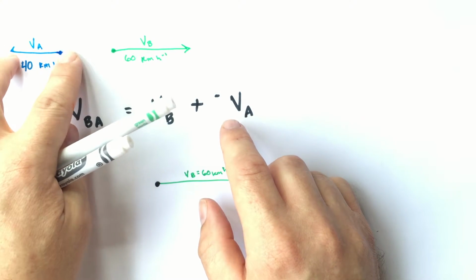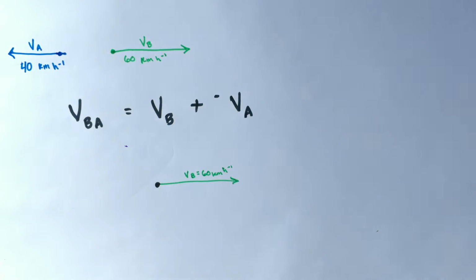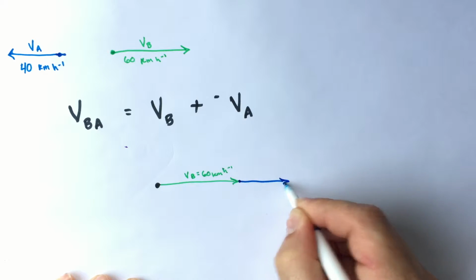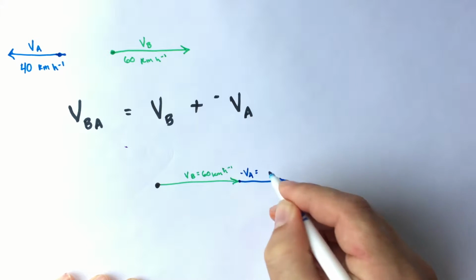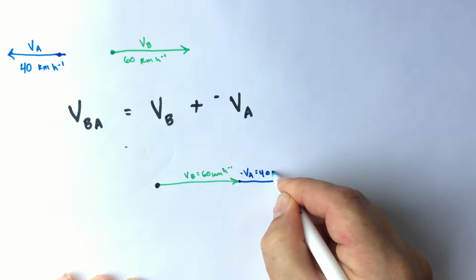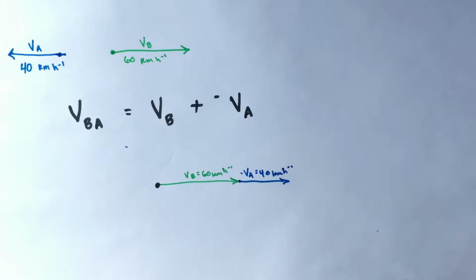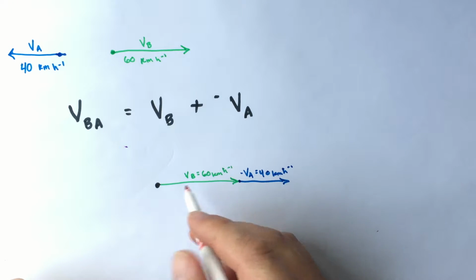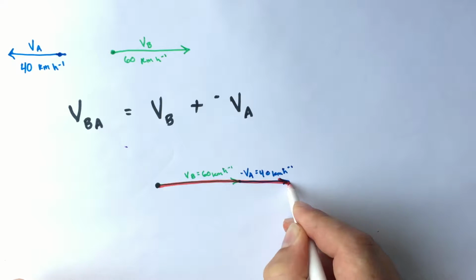So vector A is going to the left. A negative vector A is going to be the same magnitude to the right. I'll draw that here next. Negative vector A. Right, and our resultant after we do a vector addition is just a vector from the origin to the head of the last vector.